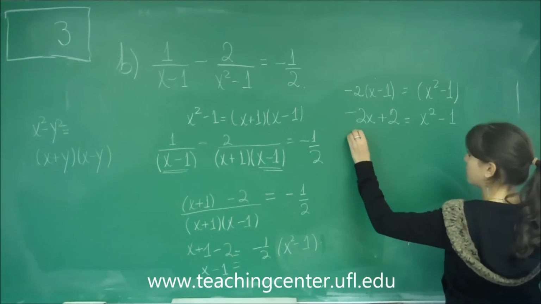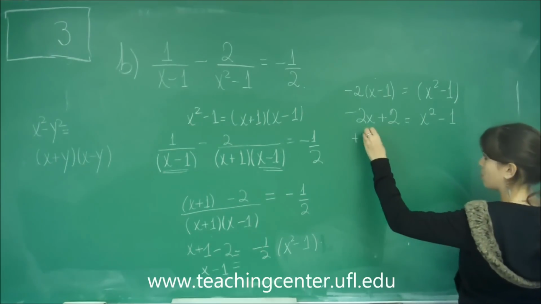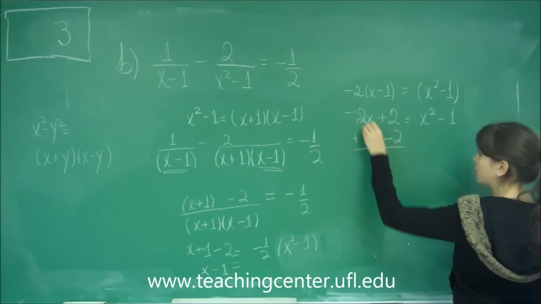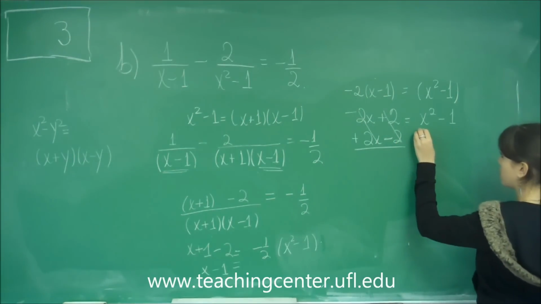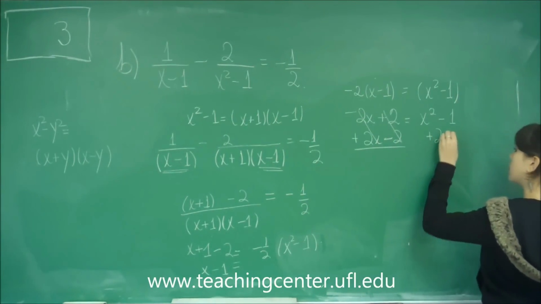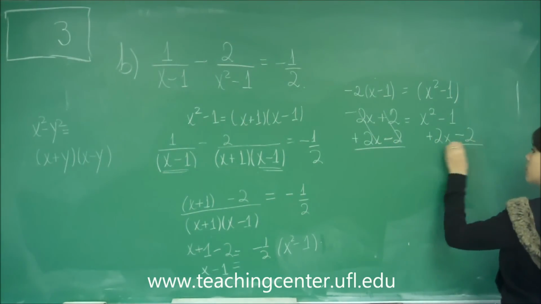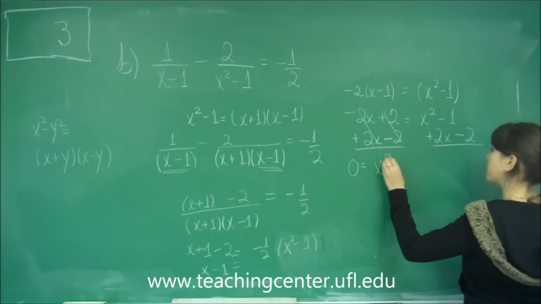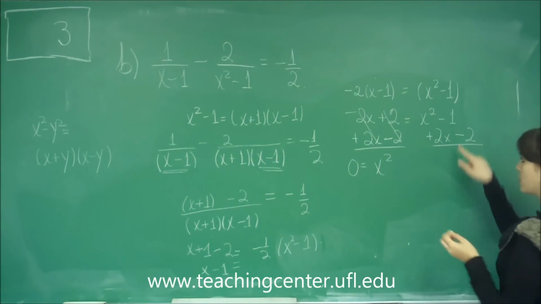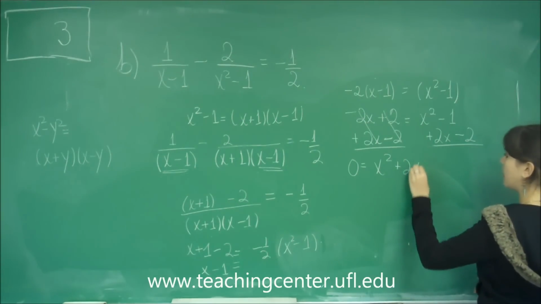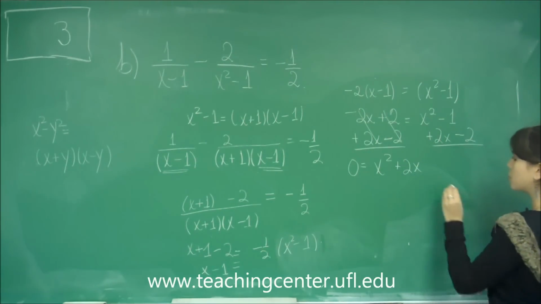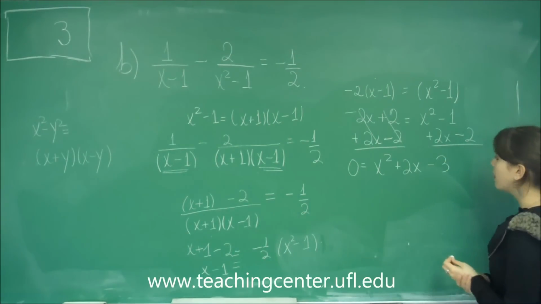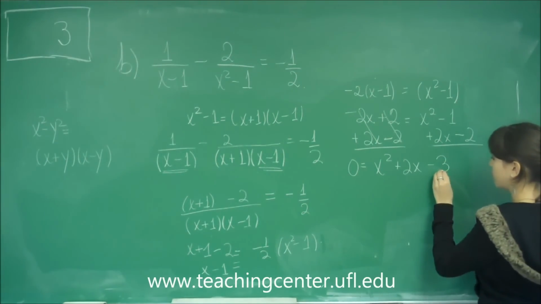So let's cancel these terms out by adding 2x and subtracting 2, and we have to do the same thing on the other side. So we get 0 equals x squared. There's no 2x, so that's just going to stay the same. And then we have negative 1 minus 2, which gives us negative 3. Okay? And now we can factor this.